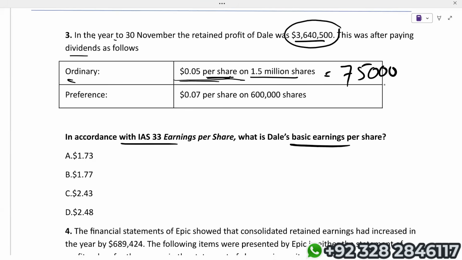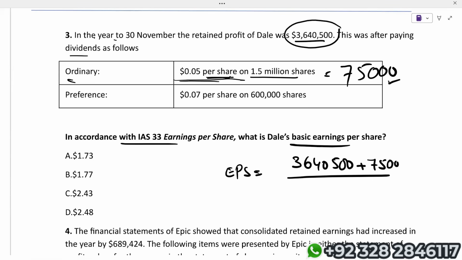So it is 75,000. So simply, while calculating EPS, 3,640,500, we will add only ordinary dividend. Preference dividend is already deducted, so no need to do anything. Divided by number of shares, which are 1.5 million.